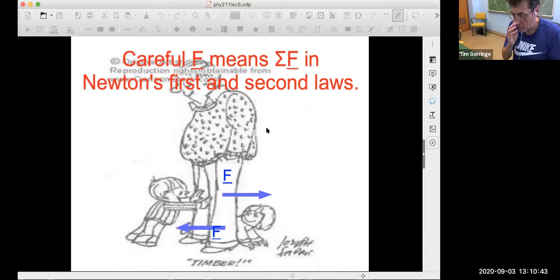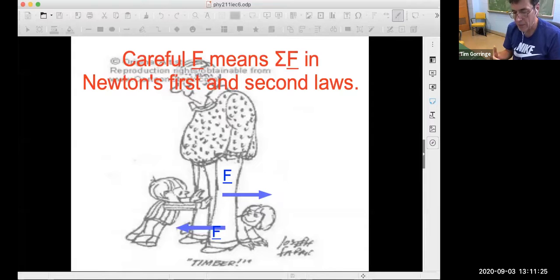Now, one remark about Newton's second law, and it's also really a remark about Newton's first law, is that in the statements that the second law tells you how forces change the motion, or that in the absence of forces for the first law, there is no change in motion, the force in those laws is actually the net force, meaning it's the sum of all the forces that are acting. It's the total force, the resultant force that goes into Newton's second law or Newton's first law.